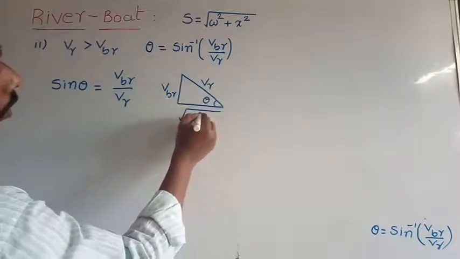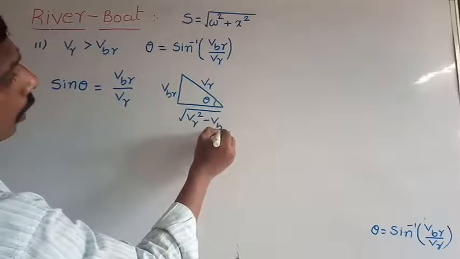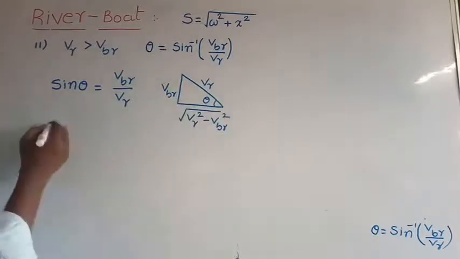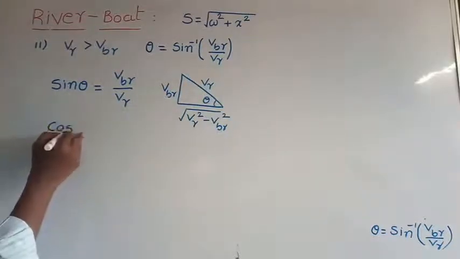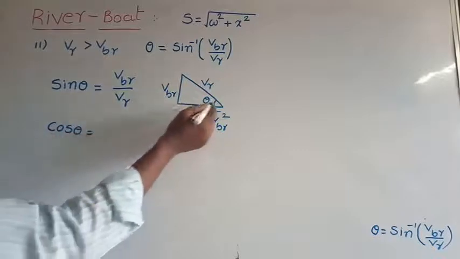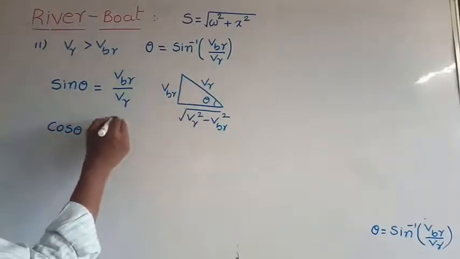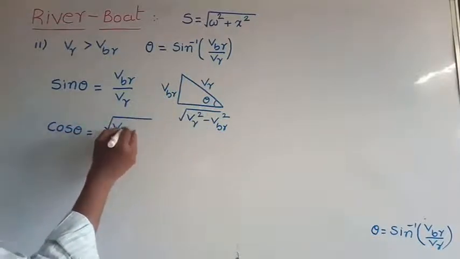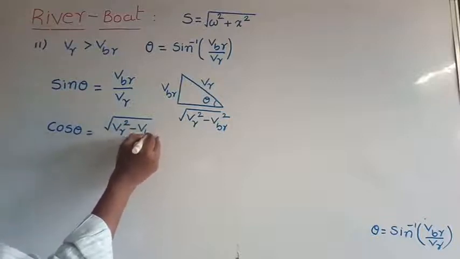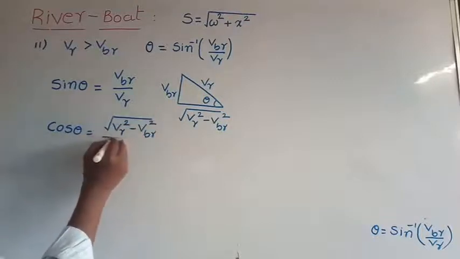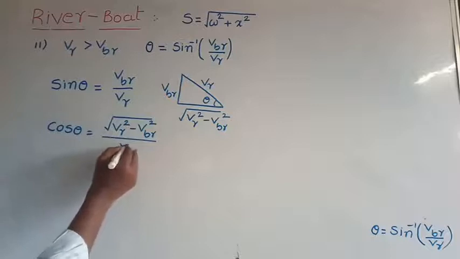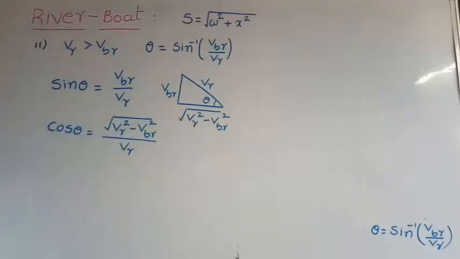Adjacent side is VR square minus VBR square will come. From this, cos theta is equal to adjacent side under root of VR square minus VBR square divided by hypotenuse is VR will come. We got sin theta value and cos theta value.